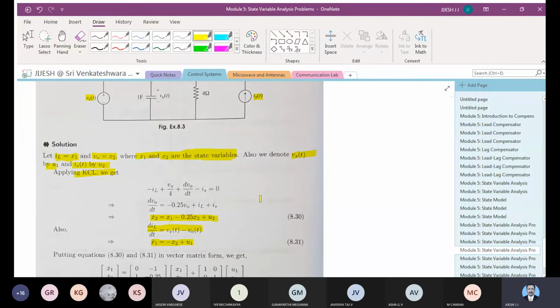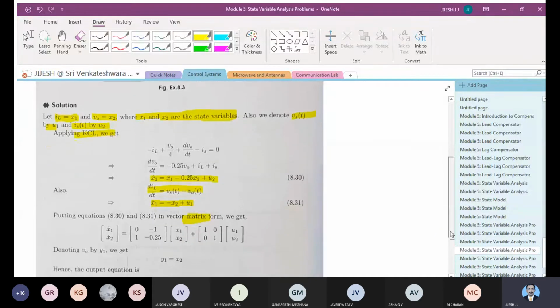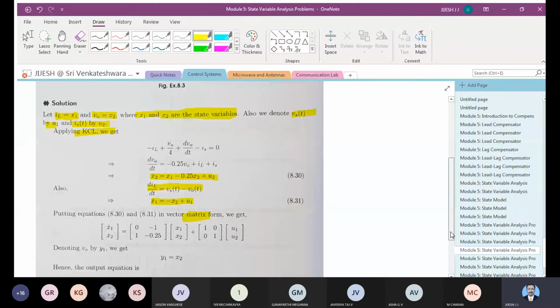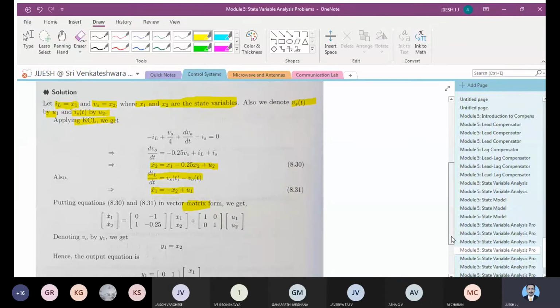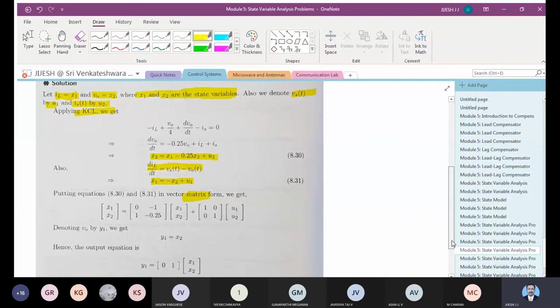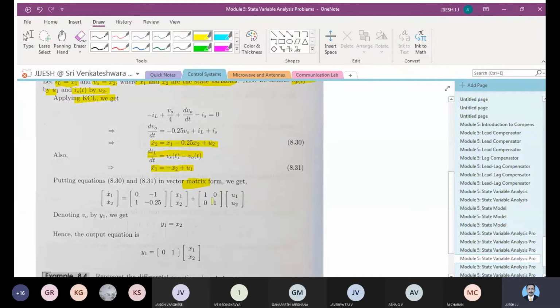Once you get x1 dot and x2 dot, you need to write them in the form of a matrix. Converting these two equations into matrix form, you can write [x1 dot; x2 dot] is equal to [0 -1; 1 -0.25] [x1; x2] plus [1 0; 0 1] [u1; u2].